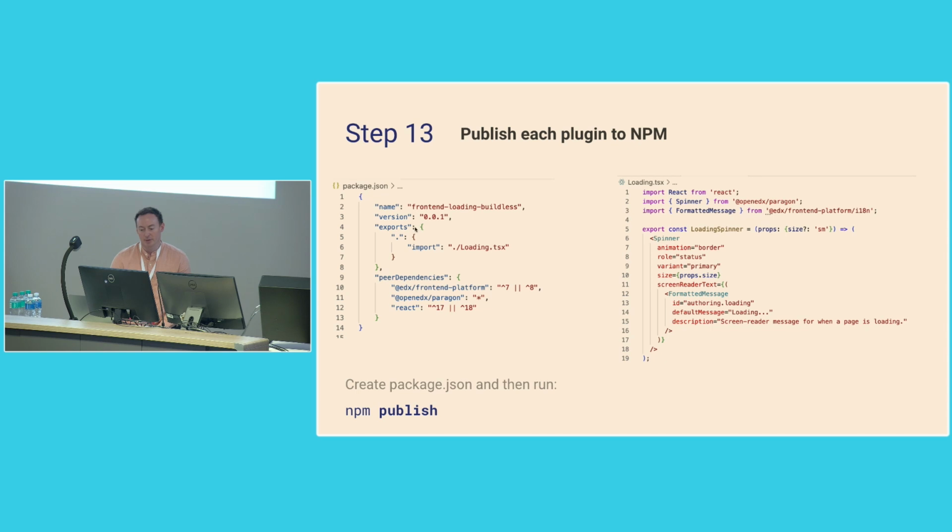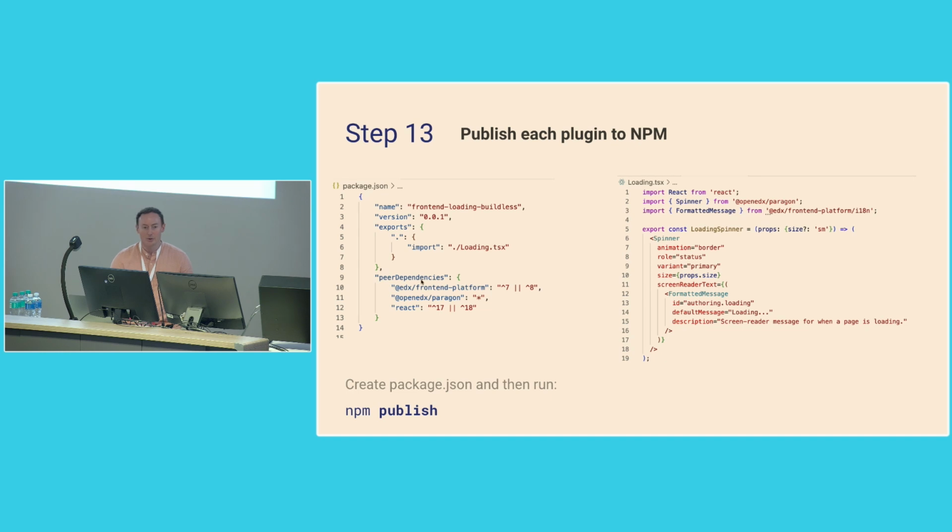The old one uses main and module, but the new way to do it is to define exports and then a default export, and then say if this package is used by the import syntax, then it should get this file. And again, I'm using TypeScript here, but you should use just plain JSX. And it doesn't need to be, it can be just JSX. So you just have your one JSX file, your package JSON file like this.